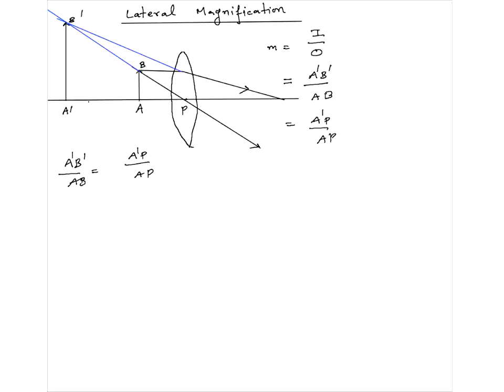But A dash P is minus V, AP is minus U. So V by U. V by U is the formula. Though we have derived it for this drawing, it works for all cases, for other types of lenses as well, and for this lens also, for different situations where AB is placed. Here AB is quite close to the lens, but even if it goes farther, this works.